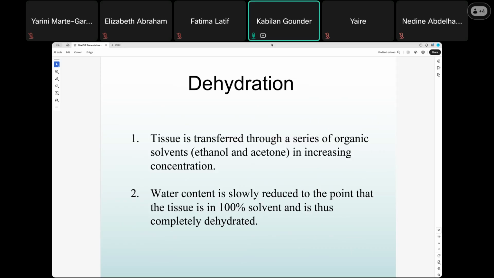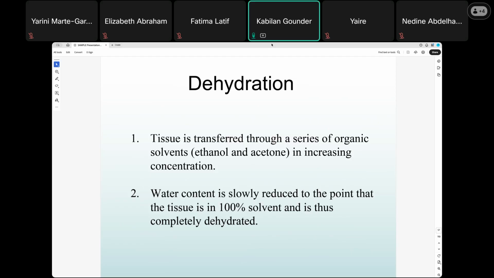Start with a lower concentration, like 10% ethanol, 90% water or buffer. Slowly you can increase the concentration of methanol or ethanol and decrease the buffer or water. Finally, you will end up with 100% ethanol or methanol.